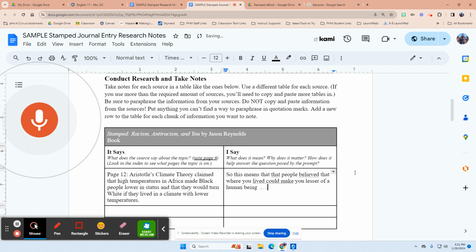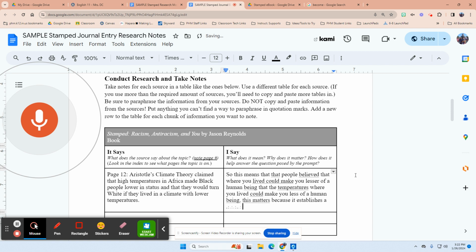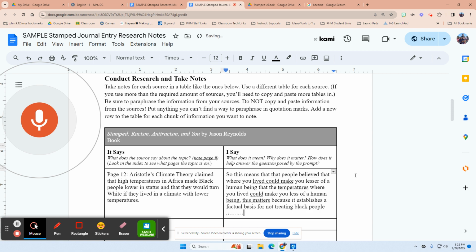That the temperatures where you lived could make you less of a human being. Period. This matters because it establishes a factual basis for not treating Black people equally. It also seems like it would be easy to do more research on this and prove this wrong.